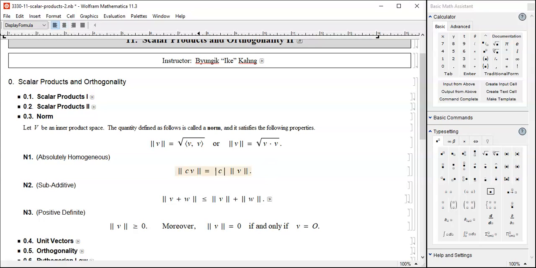These are the properties, and it's easy to show. You can use the property of square root and get this C out. The detail is left to the students. And this one, positive definite, that's not even worth discussing. It's really trivial. The middle one, on the other hand, this is a tough one, subadditivity.